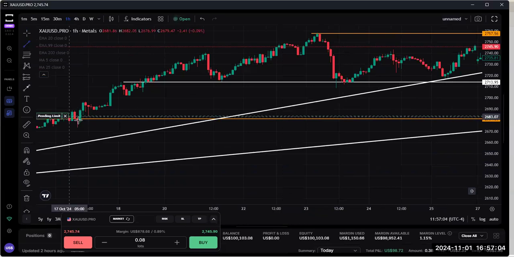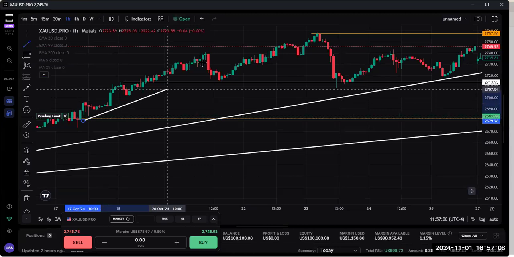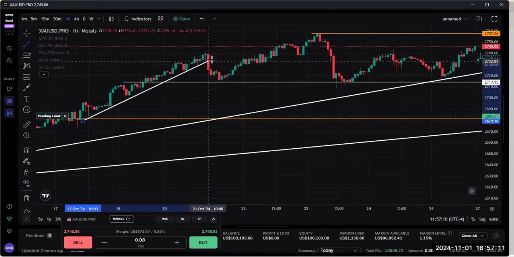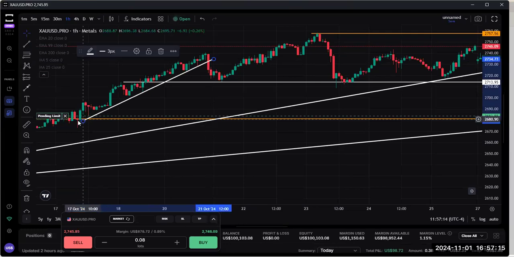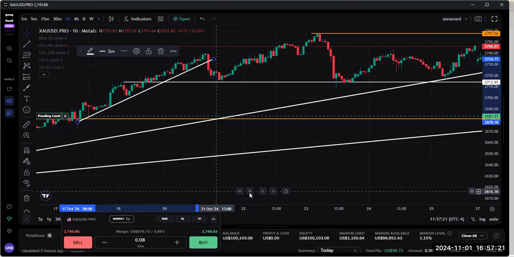I could decide here to draw another trend line. So price went up. Can you see how it wicked down?